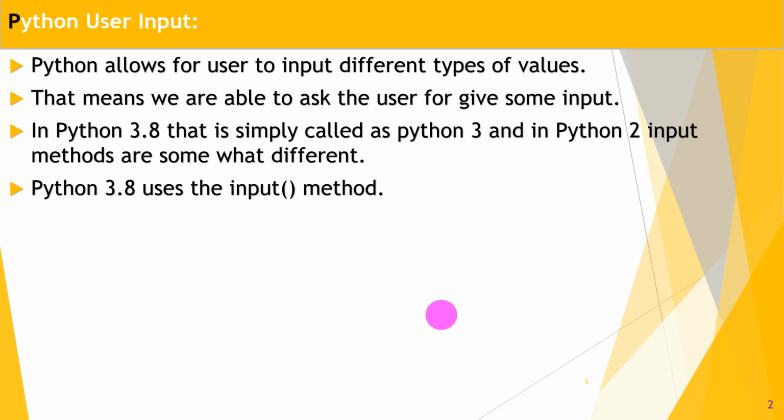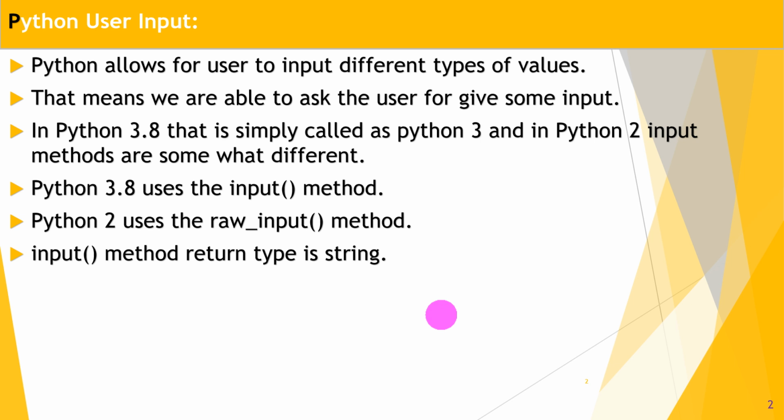Python 3.8 uses the input method and Python 2 uses the raw_input method. That means these method names are different in Python 2 and Python 3. But from today onwards we will see Python 3.8, so we use the input method. The input method's return type is string.